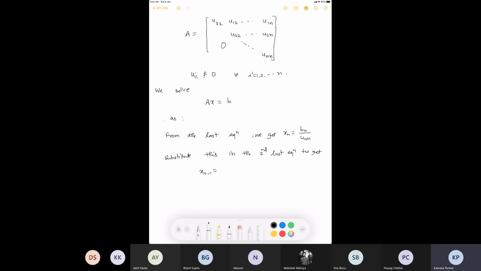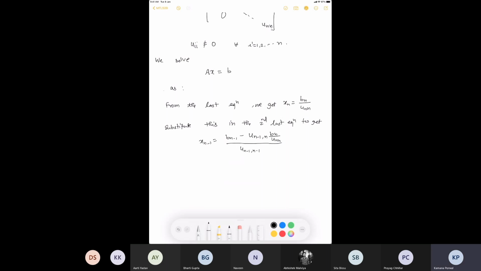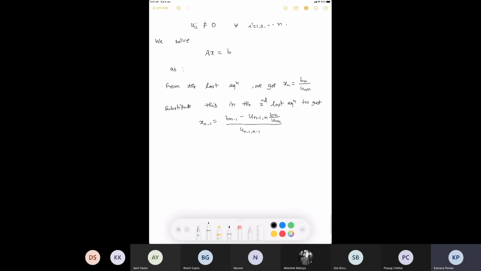So we will get xn minus 1 as bn minus 1 minus U(n-1)n times xn. So xn is bn divided by Unn, the complete thing divided by U(n-1)(n-1). Okay, and this is how you have to solve for the other variables xn minus 2 up to x1.